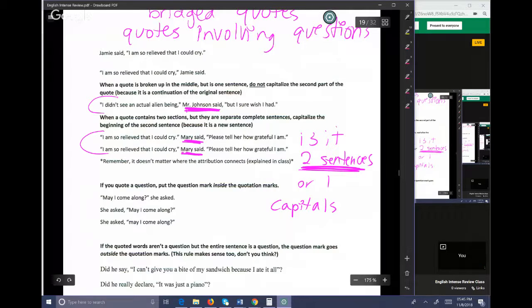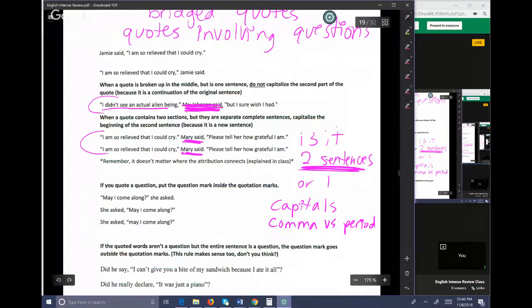capitals, commas versus periods. A lot of this actually doesn't have too much to do with the quote. It has a little bit more to do with just how we normally put these things together. So like in this one up here, you have, "I didn't see an actual alien being, but I sure wish I had."